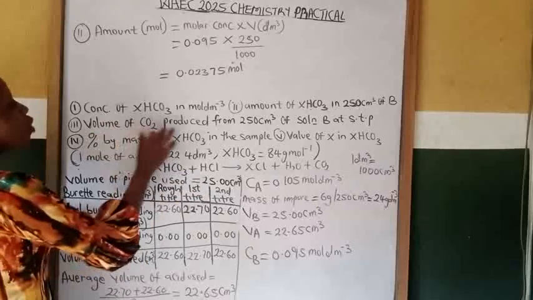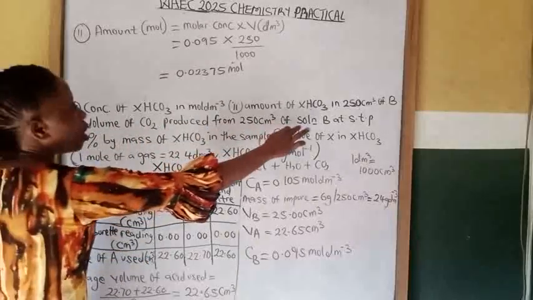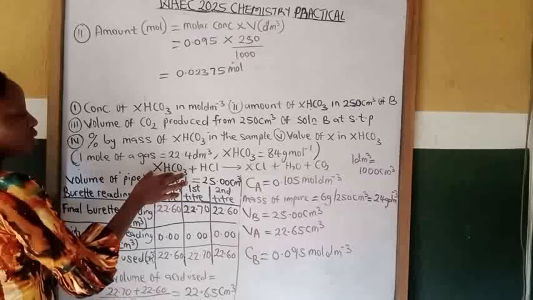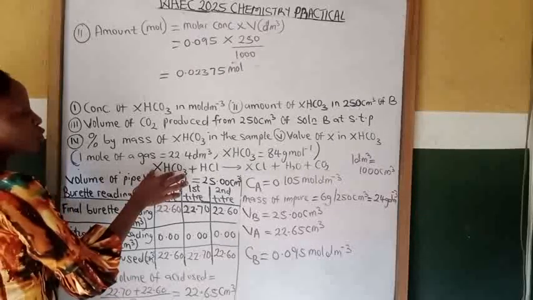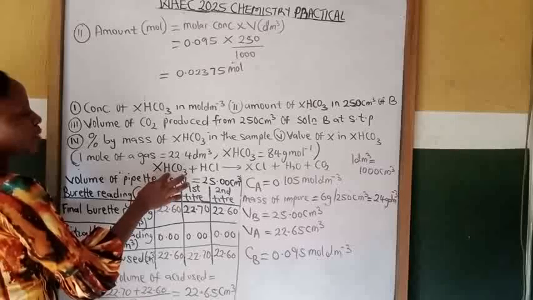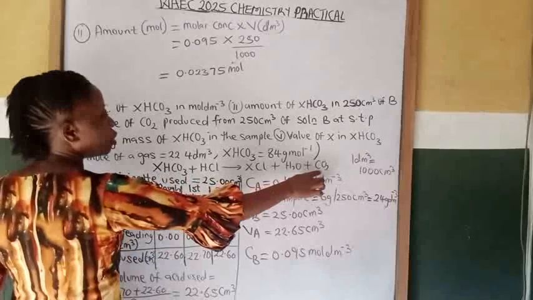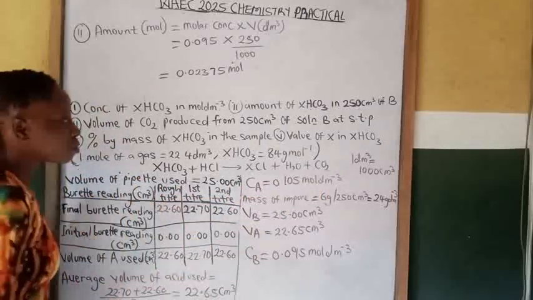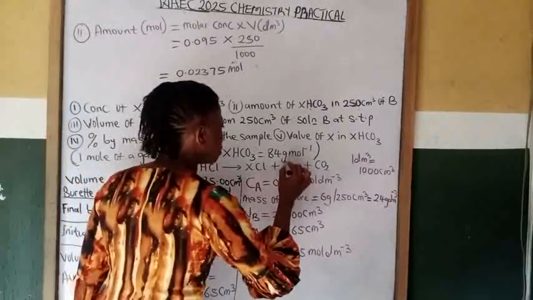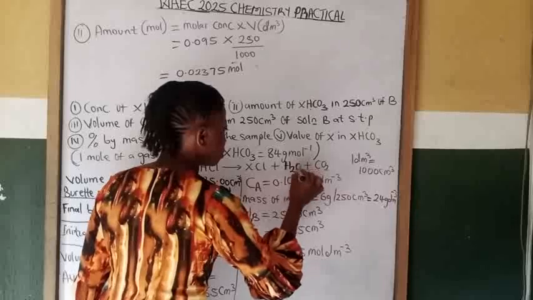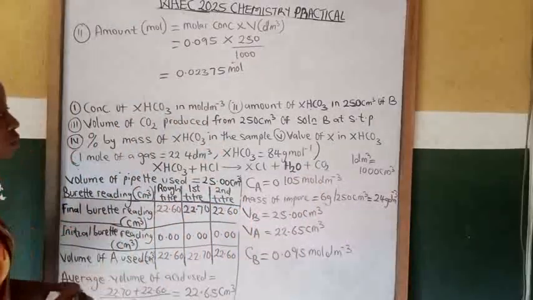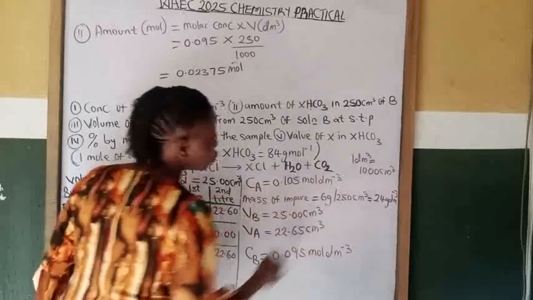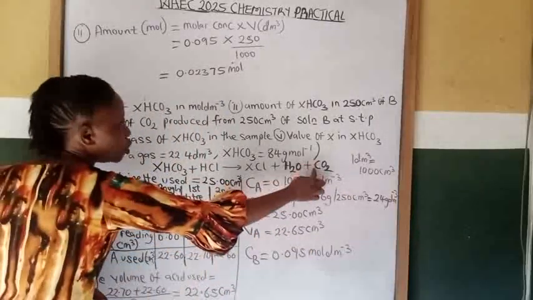They said the volume of CO2 produced from solution B. This is your B, this is your base. So it produces what? 1 mole of CO2.